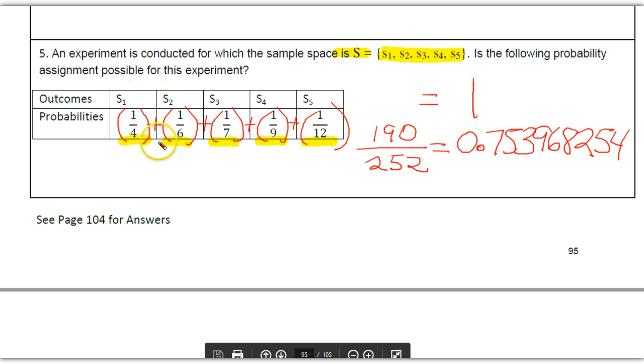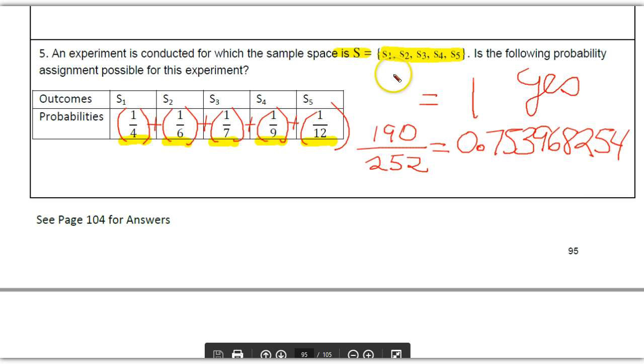So my question here is, is this only the possible outcomes that can occur? Or are there others that are not mentioned here? Because this does not add up to 1. But could these be possibilities? That is, the sum of these are 1 or less than 1. Yes. And that's what they're saying in our answer key.